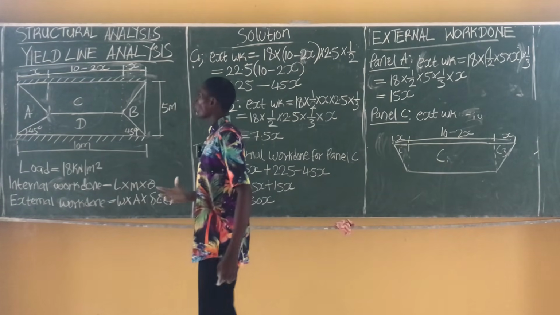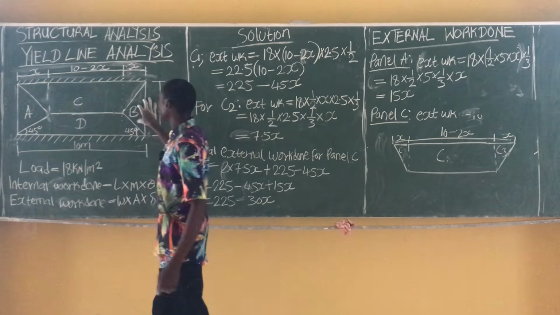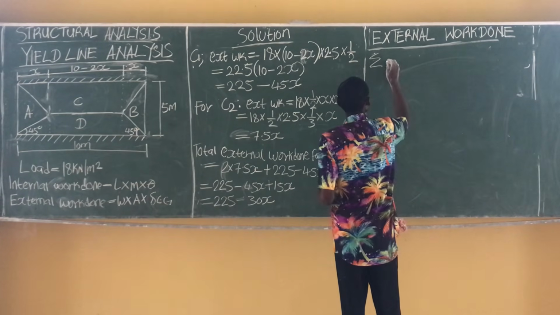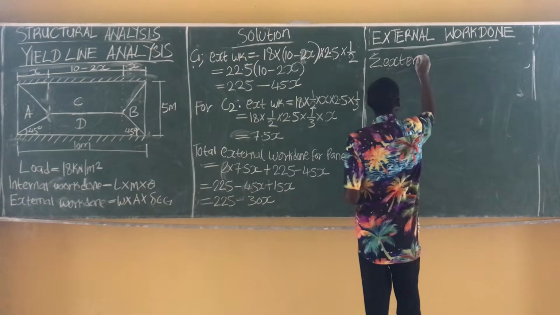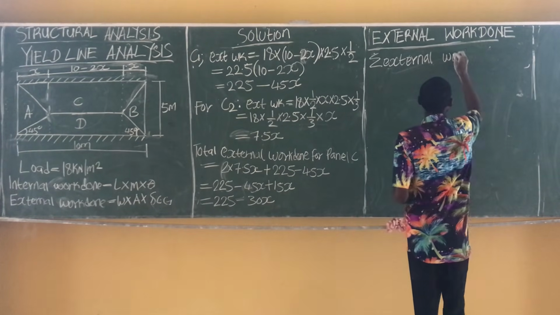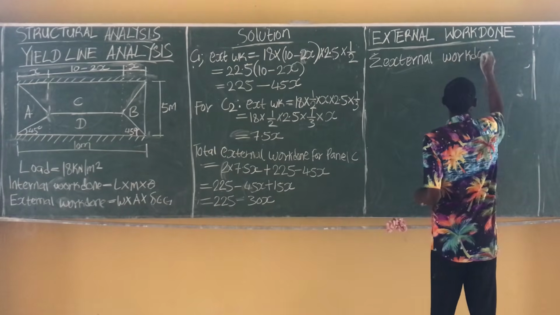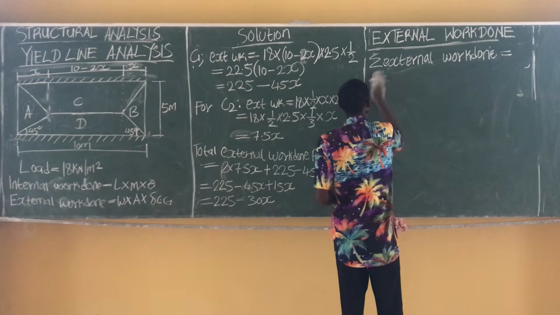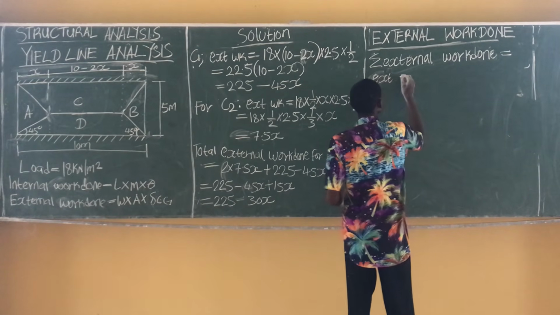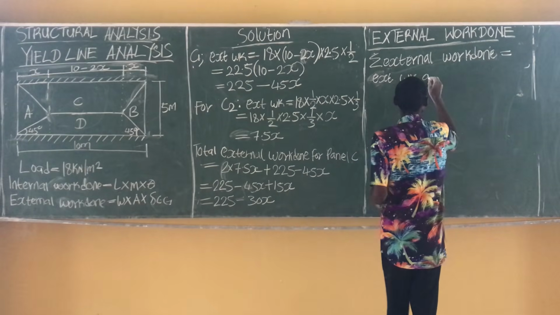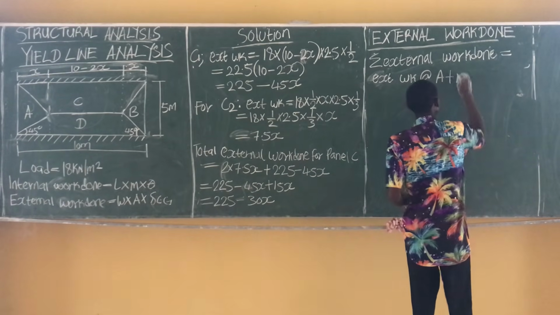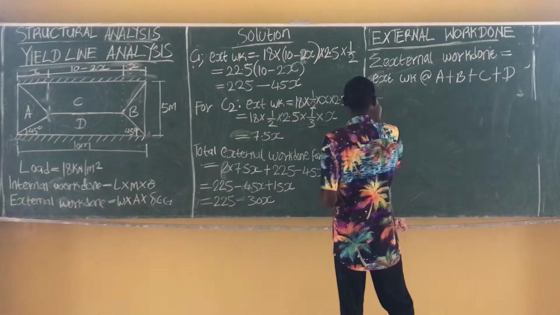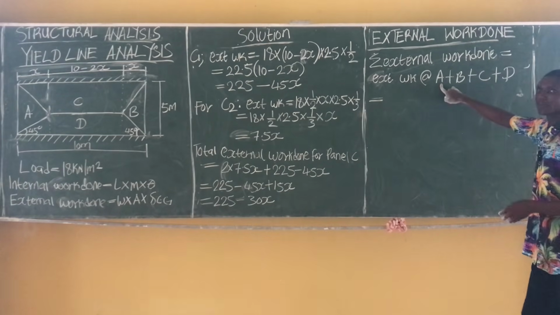Hence, the total external work done will be the external work done for segment A, B, C, and D. Summation of external work done is equal to external work done at A plus B plus C plus D. And that is equal to, what is our external work done at A?